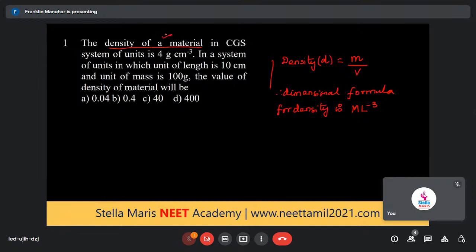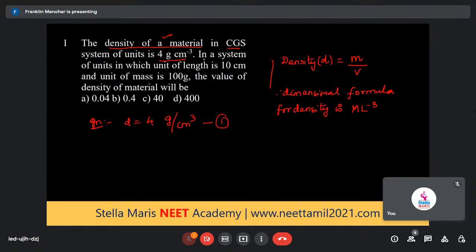So in CGS system of units, they have expressed its value as 4 gram per centimeter cube. So d is equal to 4 gram into centimeter to the power minus 3, which can be written as per centimeter cube. Let it be considered as equation 1.